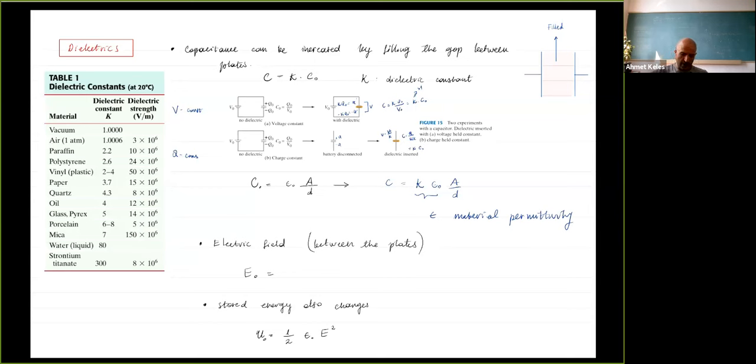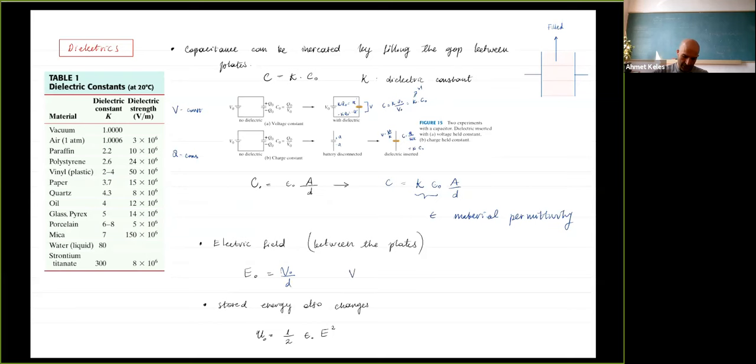So I can ask, okay, this is what happens to capacitance. I can ask what happens to electric field in between the plates. And for all of these things, I assume that the gap is completely filled. And if that's the case, we know electric field is written in terms of voltage as V naught divided by distance.